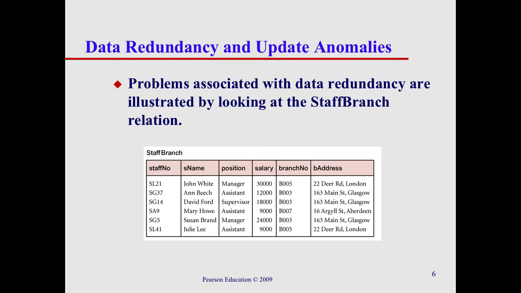So these insertion anomalies come about when you try to have multiple entities in the same relation. In this case, I'm in effect keeping information about both staff and branch in this directory, rather than keeping one relation for staff and one relation for branch. Okay, so basically, whenever you have a relation that is trying to keep information on more than one entity, you're going to end up with insertion anomalies, where in this case, staff is kind of like the boss entity, right?